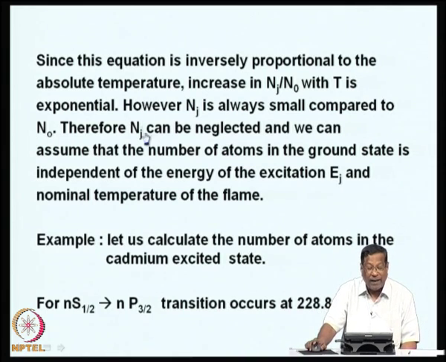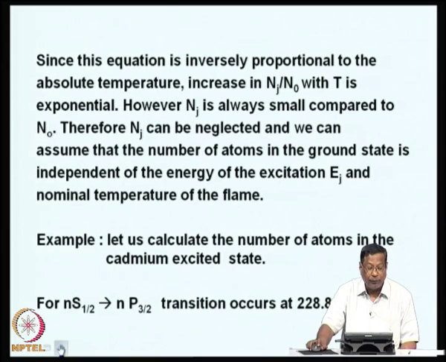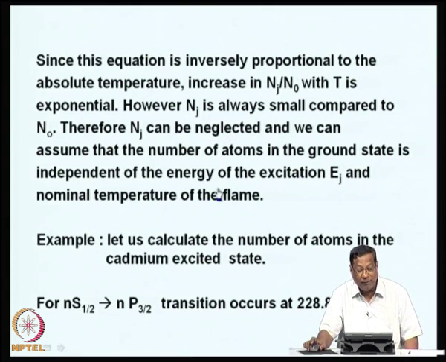Therefore, we can neglect Nj in this equation. So, we can assume that the number of atoms in the ground state is almost independent of the energy of the excitation, that is Ej, and the nominal temperature of the flame, whatever it is, maybe around 1100 to 1200 or 2000, whatever it is.